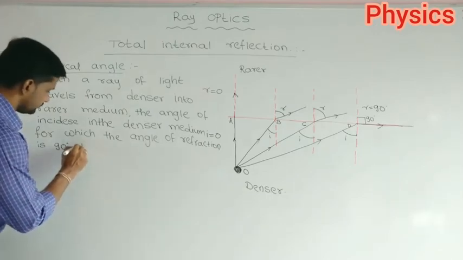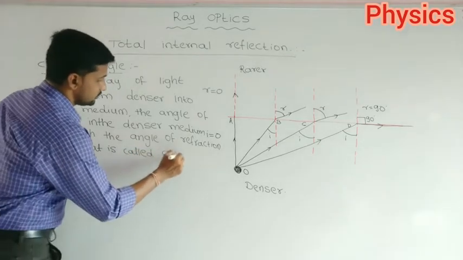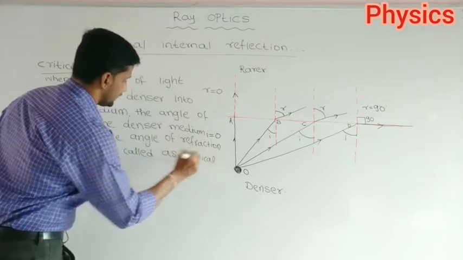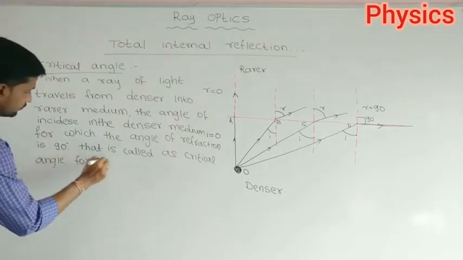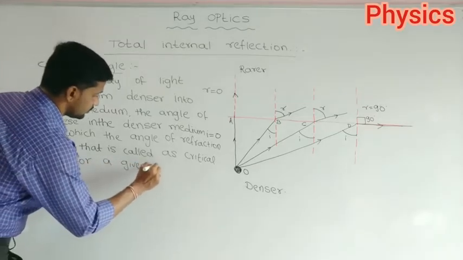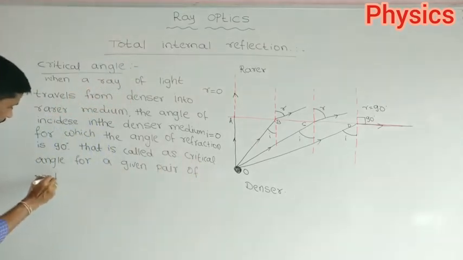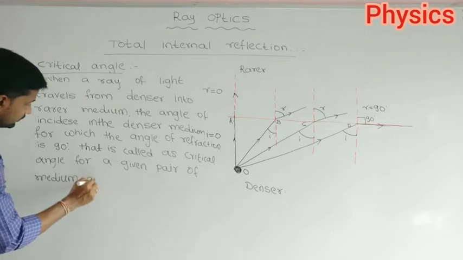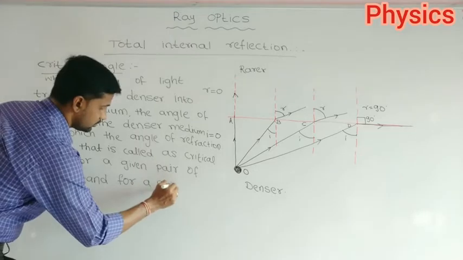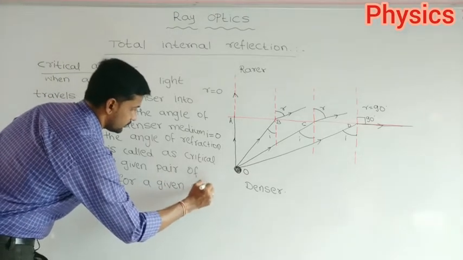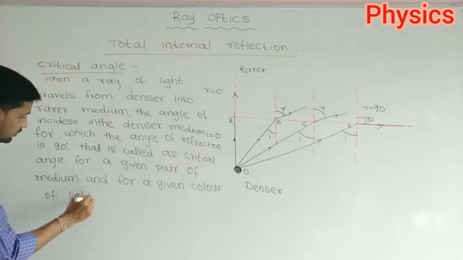So that is called the critical angle for a given pair of media and for a given color of light, or for a given wavelength of light.